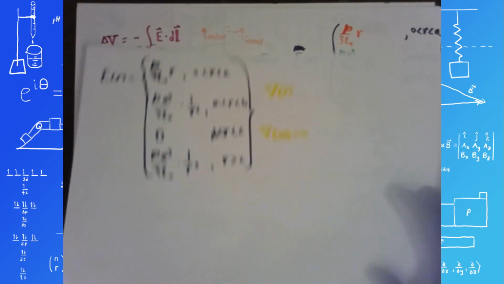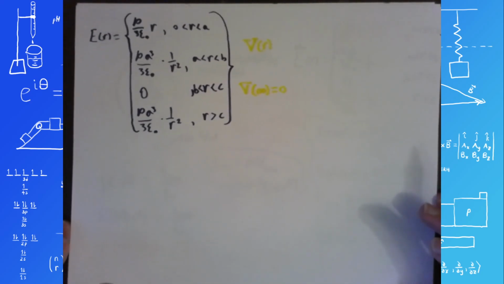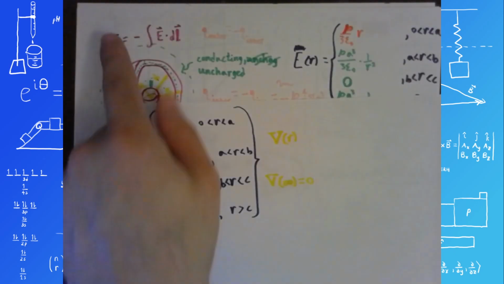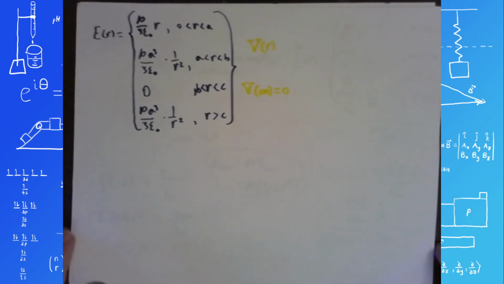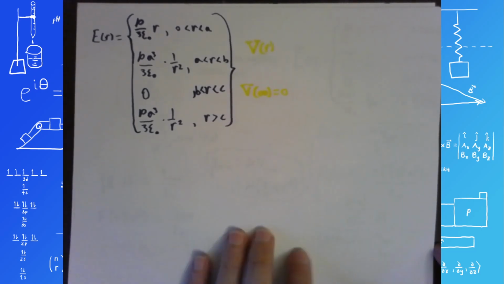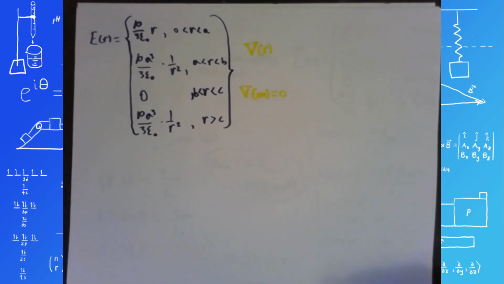There is no absolute voltage. Voltage is relative, and it's relative for the same reason that potential energy is relative. Voltage is just potential energy per unit charge. If it depends on potential energy, then it makes sense, since there is no true absolute potential energy, there is no true absolute voltage either.